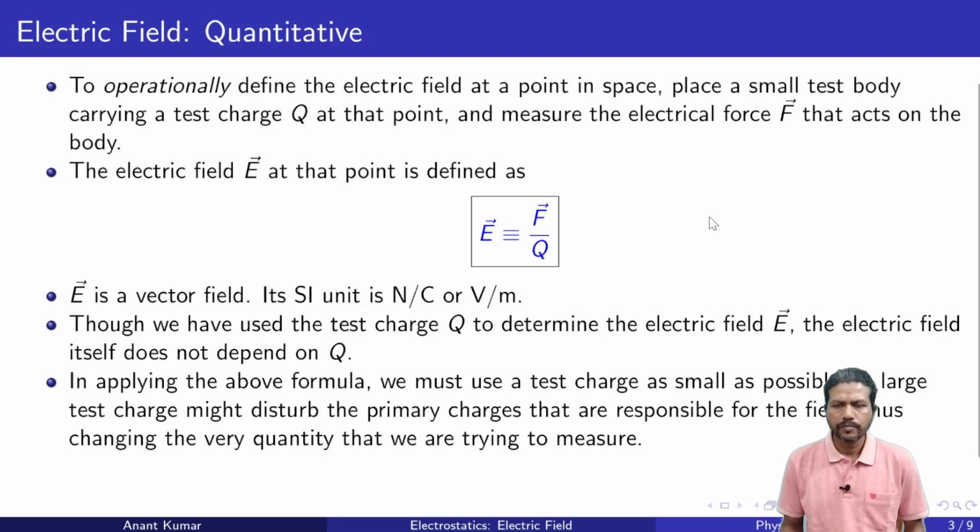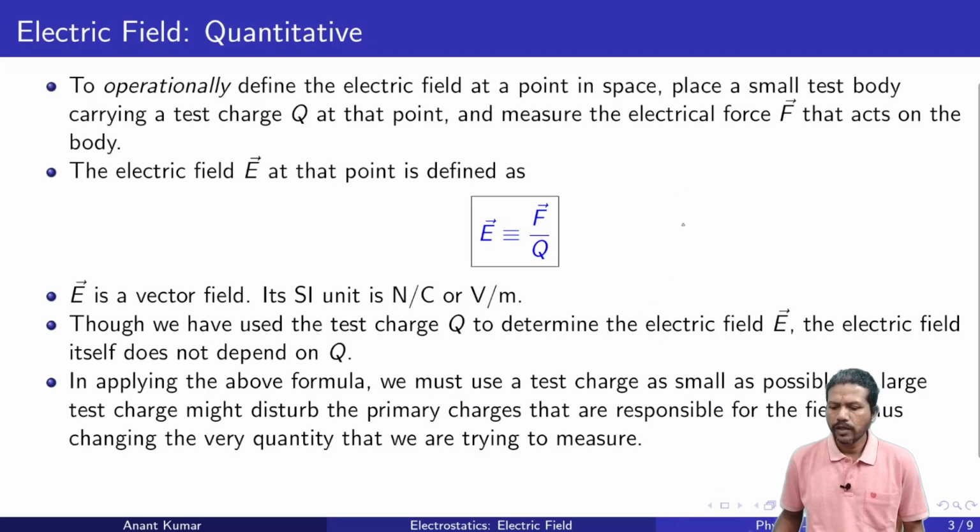It has changed. So we should try to take the test charge as small as possible, so that we avoid this disturbance of the charge configuration, which will change the very quantity we are trying to measure.